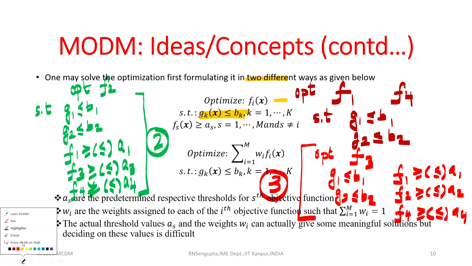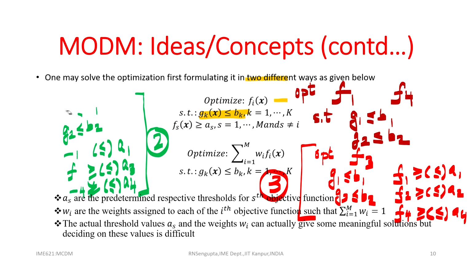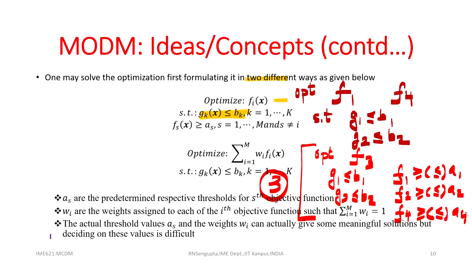Finally, I know I am going a little bit slow, but please bear with me. If I consider F4, you will optimize F4 subject to G1 less than equal to B1, the same thing being copied, G2 less than equal to B2.